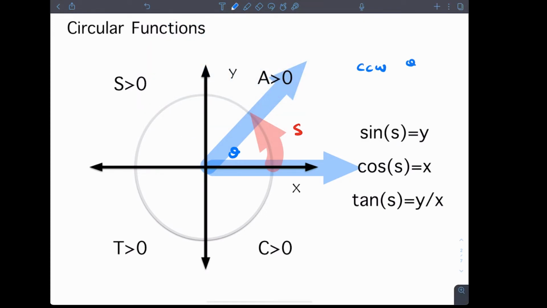You have a positive angle, positive arc length. Everybody okay with that idea? Remember, we have this point over here. Your book is going to say you take that initial point and you have it over here. This is the terminal point.